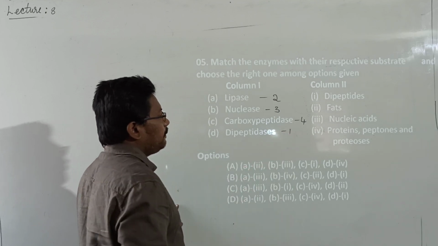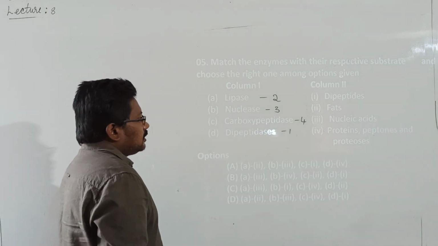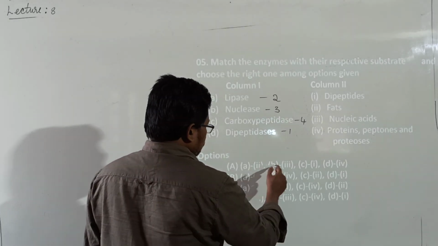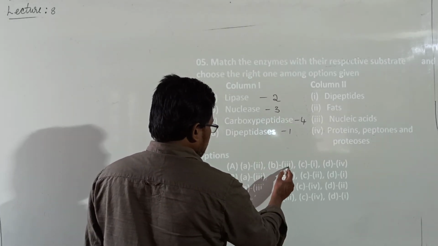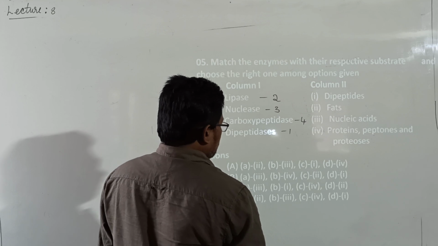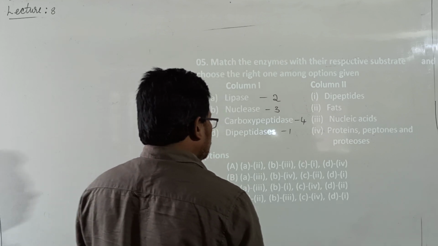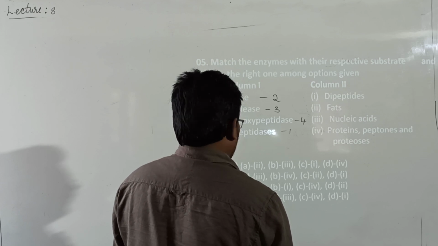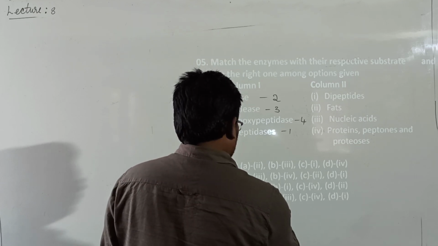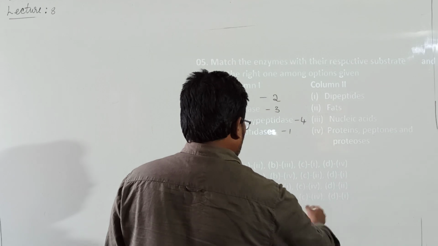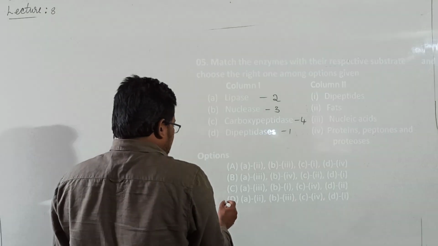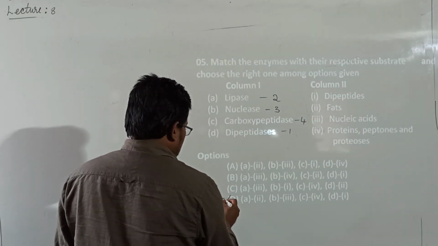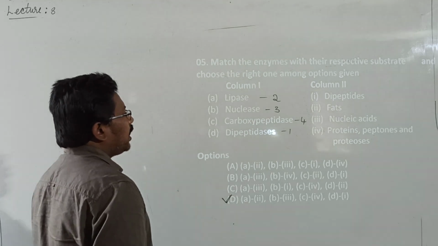So it is 1. So 2, 3, 4, 1. So in this, the option D will be the right one.